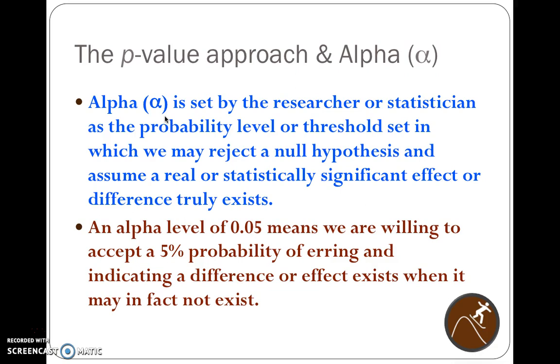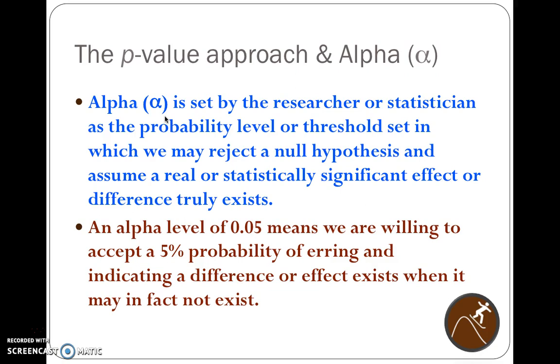When we set our alpha at 0.05, that means that we as the researchers are willing to accept a 5% chance of erring in suggesting that an actual difference or an effect exists when in fact it may not exist. So we're willing to accept that 5% chance.